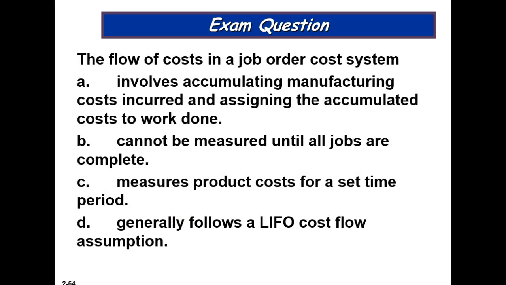The flow of costs in a job order cost system, A, involves accumulating manufacturing cost incurred and assigning the accumulated cost to work done, cannot be measured until all jobs are complete, measures product costs for a set time period, generally follows a LIFO cost flow assumption.